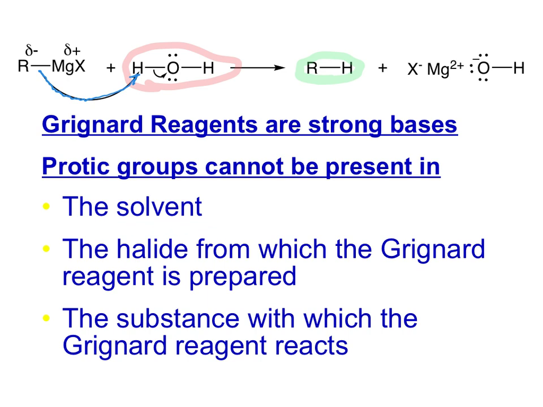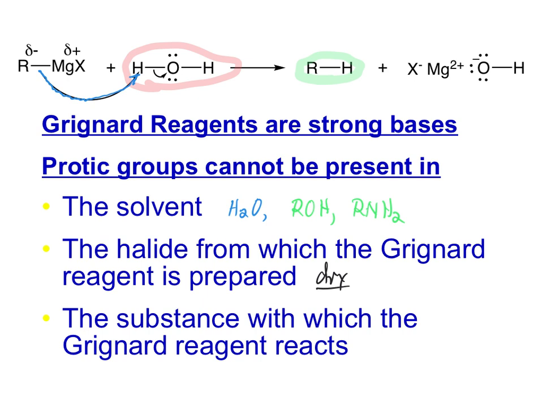So that means we can't have any protic groups in the solvent, right? Remember, that includes water, alcohols, amines, or any other group like that. There can't be any groups in the halide, right? So the halide has to be dry, right?